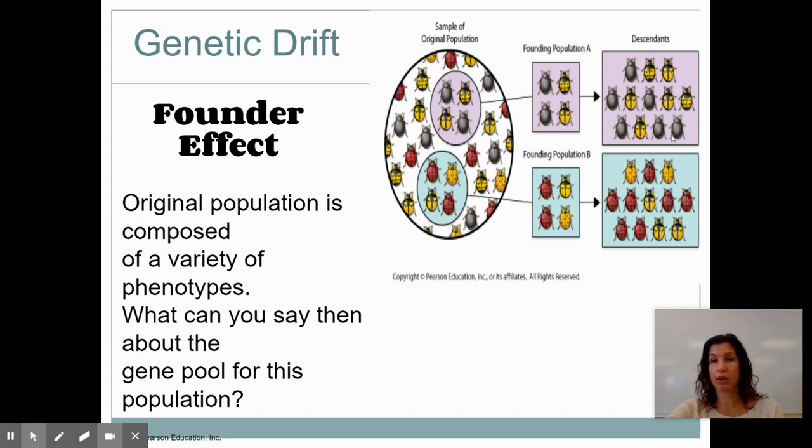So their descendants, or this resulting generation, is not going to look the same as the original population. Same thing here. If these yellow and red beetles go off and create their own population, they are going to look different as well. So founder effect, I think of like founding fathers. It is any organisms that go off and create their own colony or population. And because it's a small group, their resulting population is going to look different than the original population.